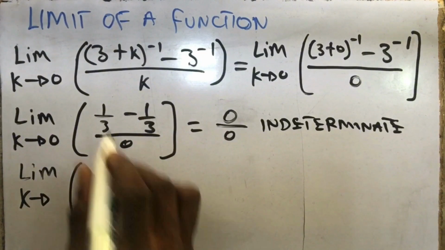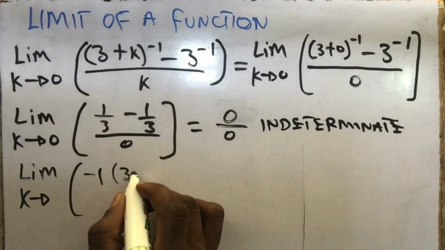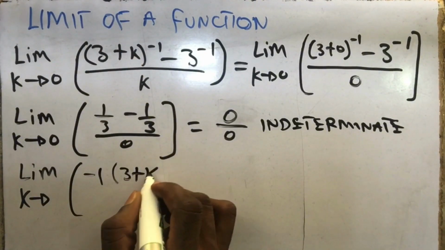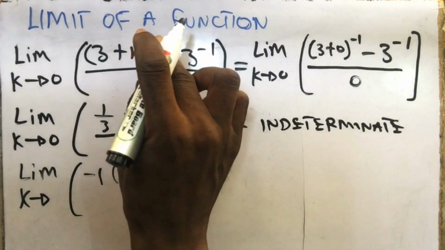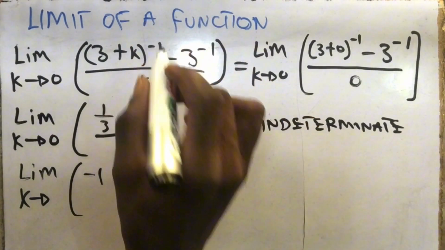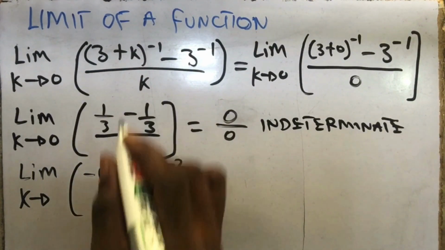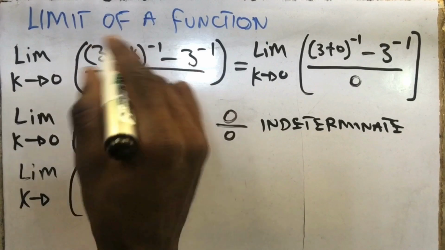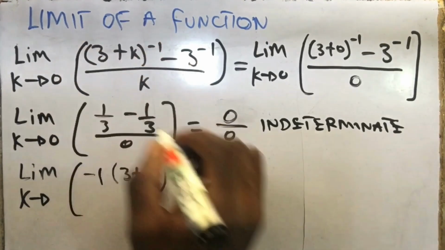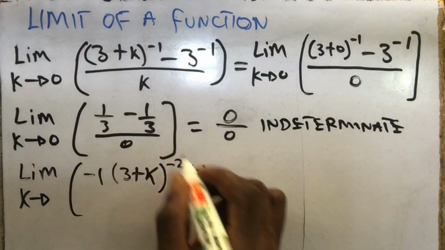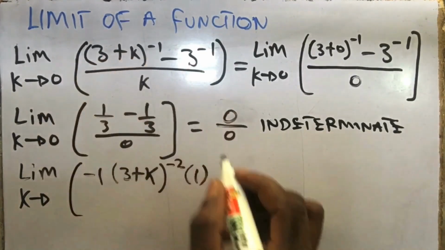We write down our value again, 3 plus k, and subtract 1 from the power, which gives us minus 2. But the chain rule instructs us to differentiate what is inside as well. Differentiating what is inside, we have 1, because differentiating 3 is 0 and differentiating k is 1.